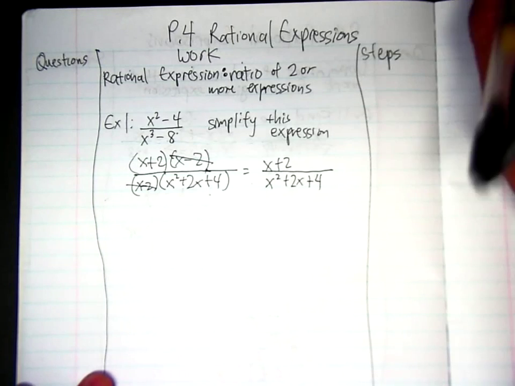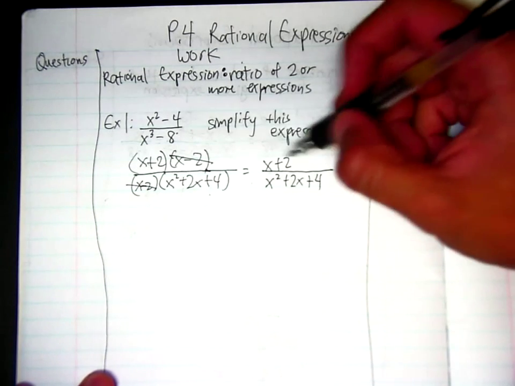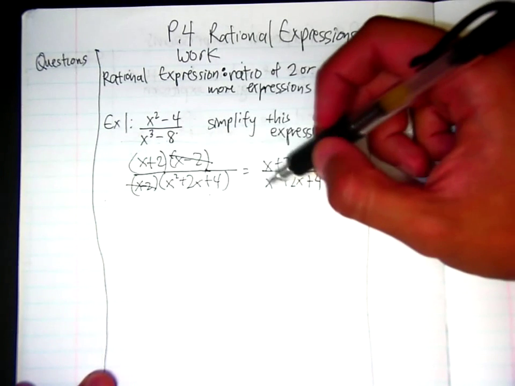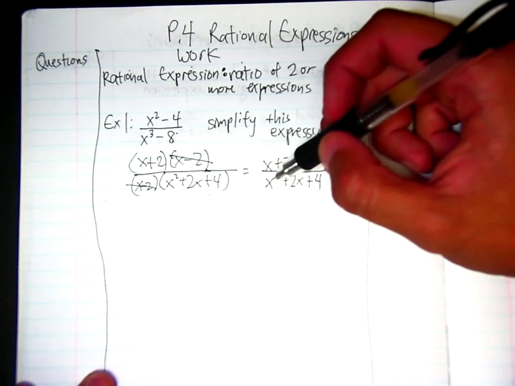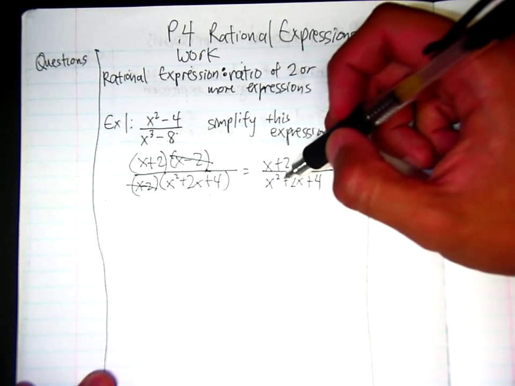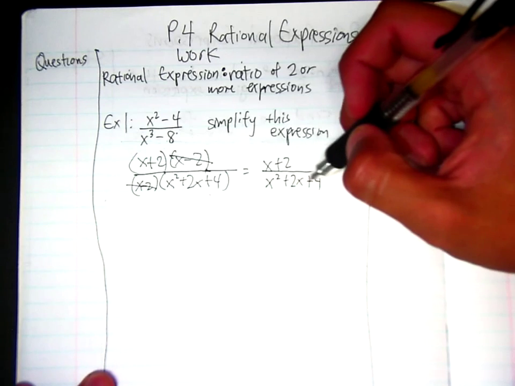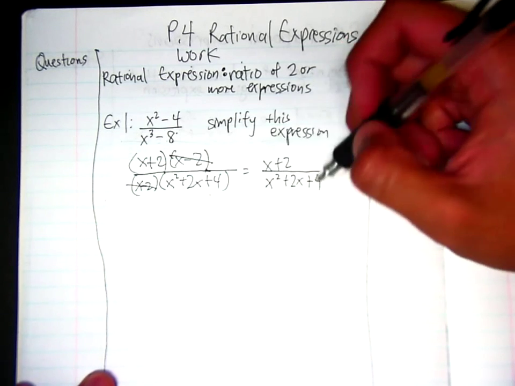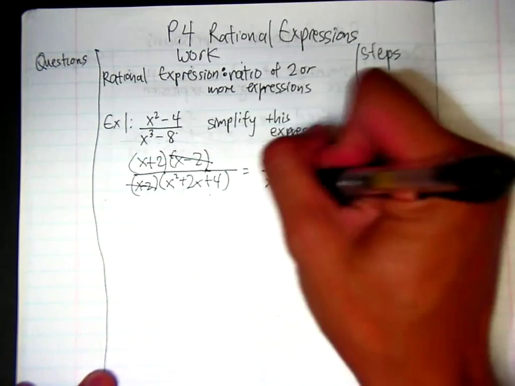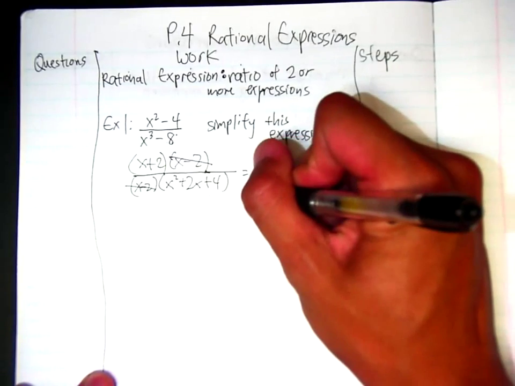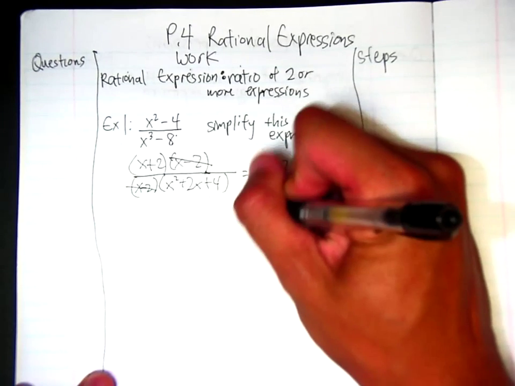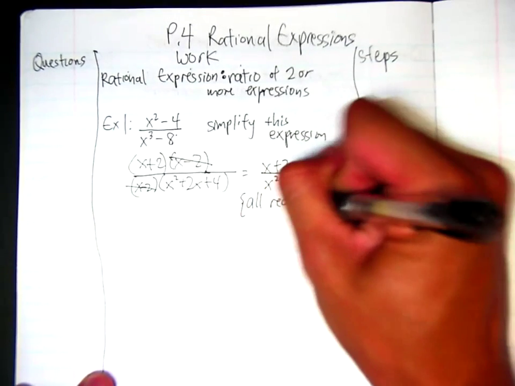And then the other thing is I might have to write a domain. So if I look at this, I need to figure out what values of x it can be. Well, if I look down here, x is squared, and if I set this equal to 0, we'll find out later, but it looks like if it's a polynomial, the domain's going to be all real numbers.